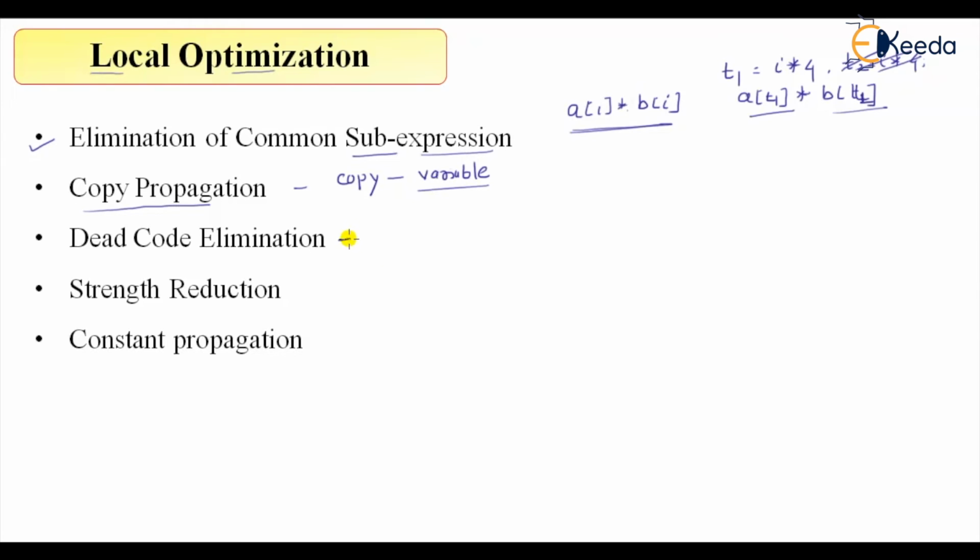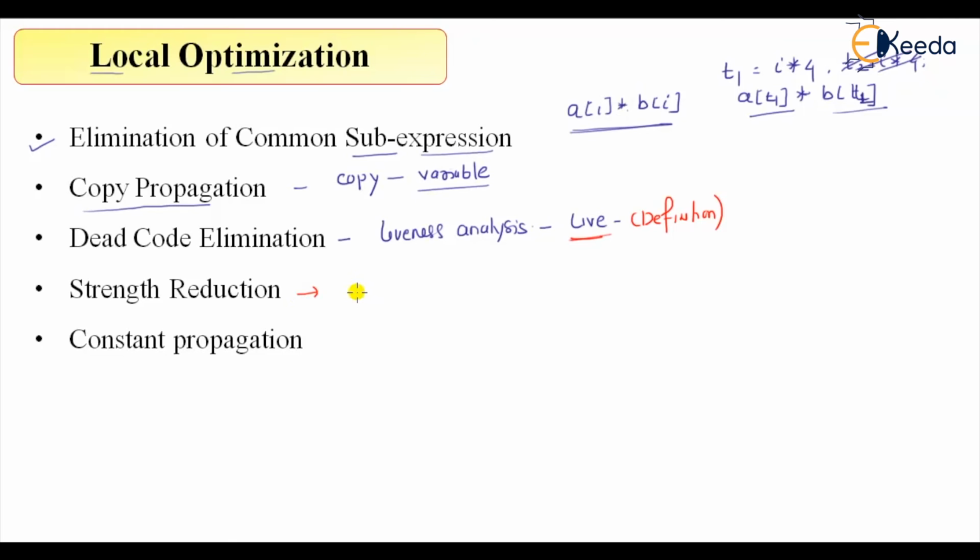Dead code elimination is a liveness analysis, whether at a particular moment a variable is live or not. So first we'll see the definition of live, and then we'll see whether a variable is live or not.